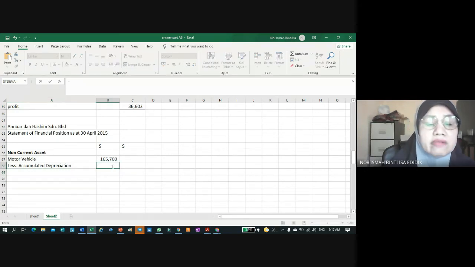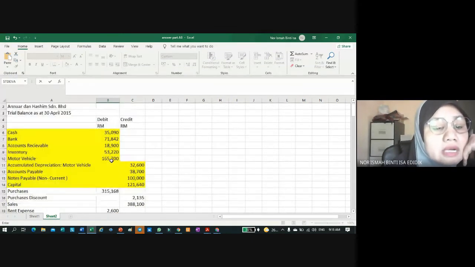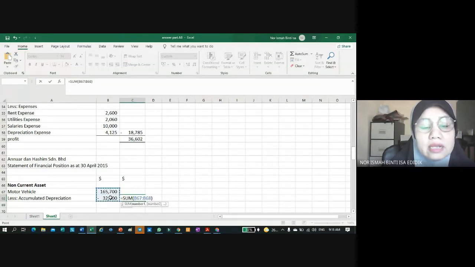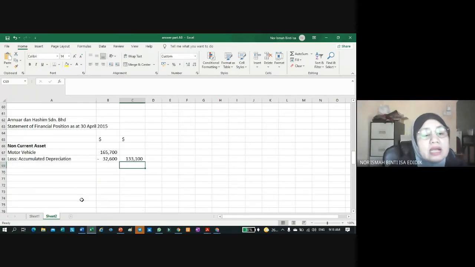Ni letak negatif lah sebab kita buat kurungan ya. Dia mesti sebelah kredit. So we get the answer for this one is 133, kita tolak dah ya. So jangan kurungan kat sini lagi ya sebab ini nanti kita akan tambah lagi dengan current asset ya.